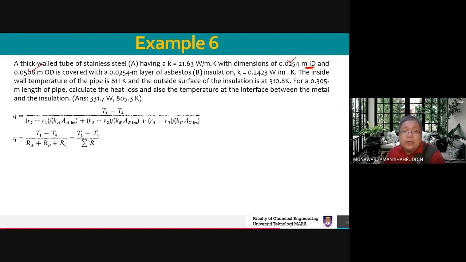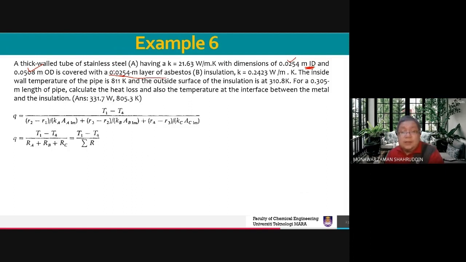And this one you don't have to divide, because this one is the thickness. This one is the internal diameter, this one is the outer diameter. This one is the thickness of the layer of asbestos insulation, so you don't have to divide that; it remains as it is.